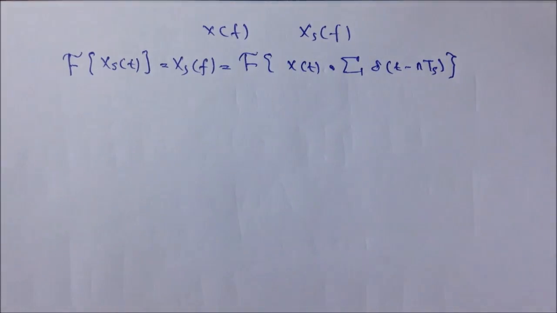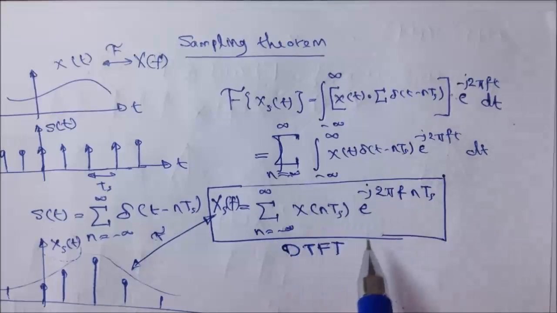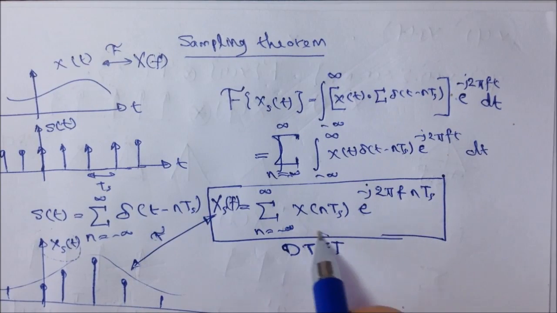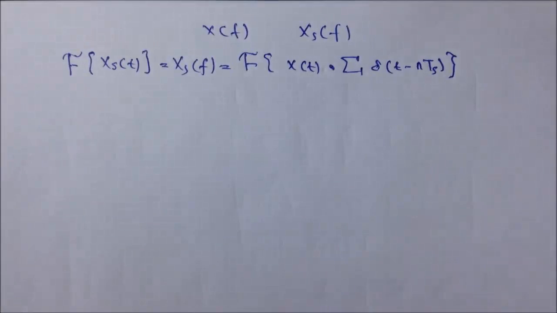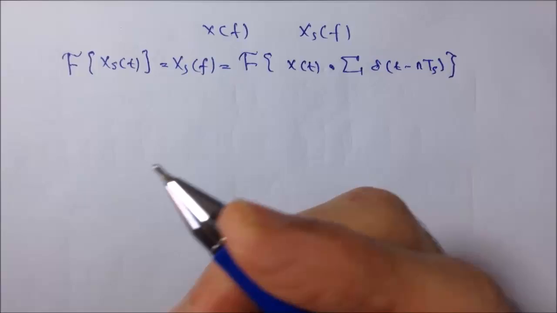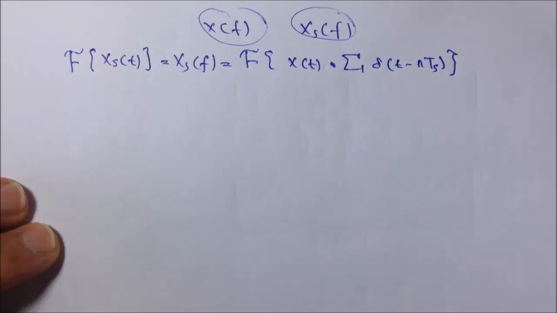If you remember, we've done this earlier, and at the end of this simple derivation we got a formula for the DTFT. But this time, I will do it in a way that reveals the relation between X_s(f) and X(f).